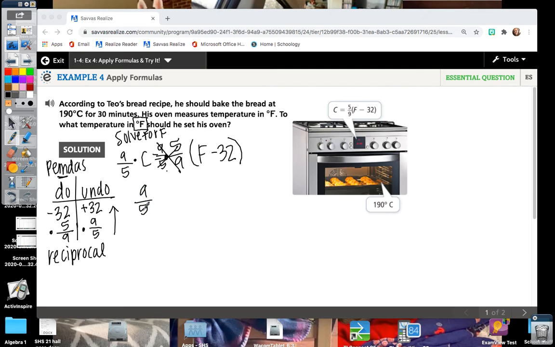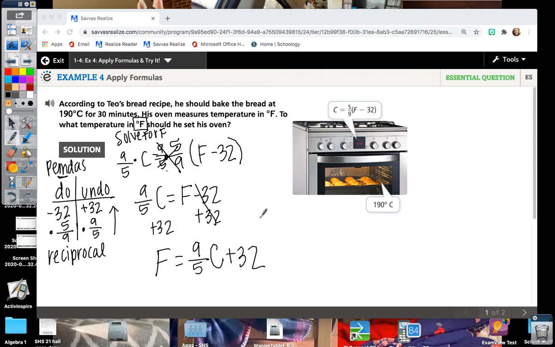And then we just bring that down. And then instead of subtracting 32, we're going to add it. So I'm going to put my F first. And again, we can't combine any of this stuff because nothing's going to be like terms. So just bring it all down. 9 over 5c, and then add that 32 to the end. So this is your formula solved for F.